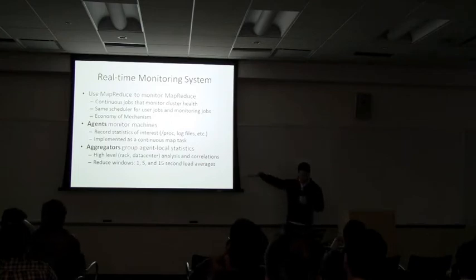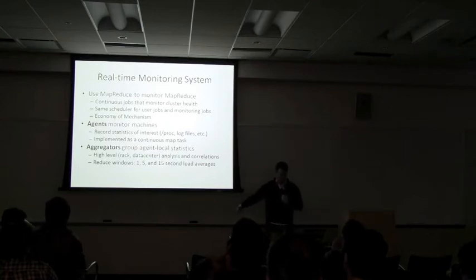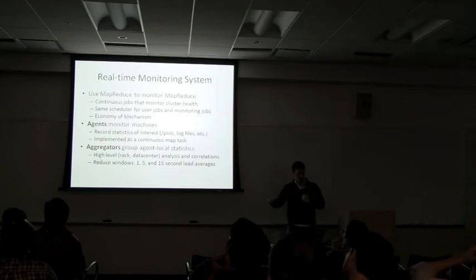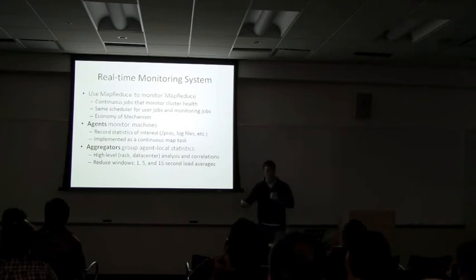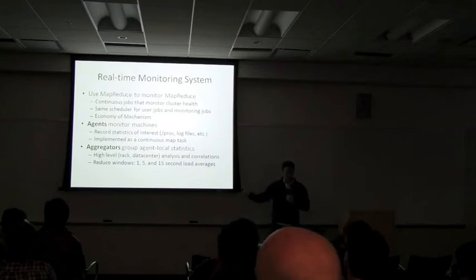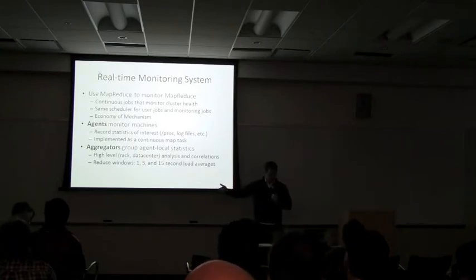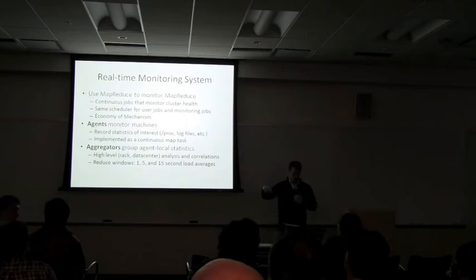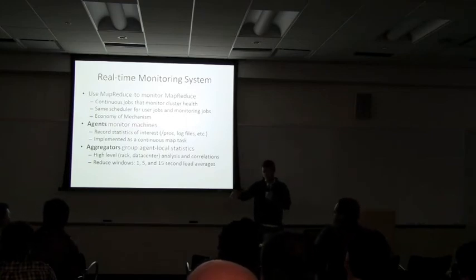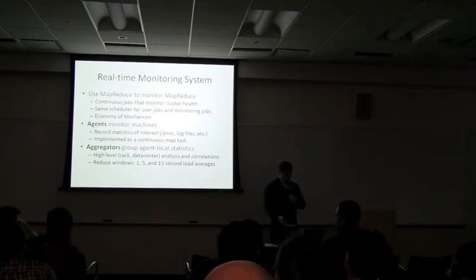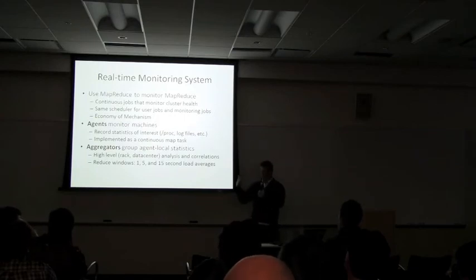We have what are called agents that monitor machines. What they do is they record statistics of interest, say from /proc or the task log files, et cetera. And these are implemented as continuous map tasks. We then have aggregates that group these map-local statistics, and they can group on a number of different levels.